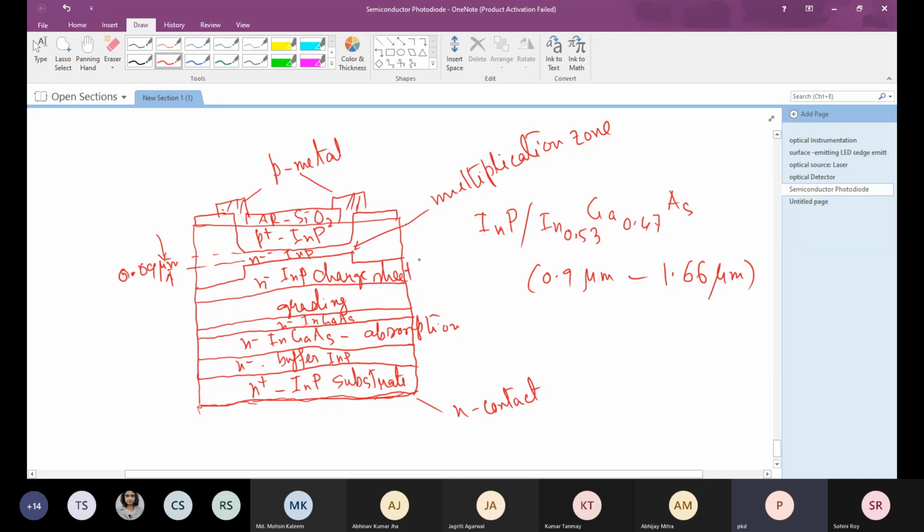This could be say 2 to 5 micrometer. This grading could be 3 micron. Buffer InP could be 3.5 micron also.